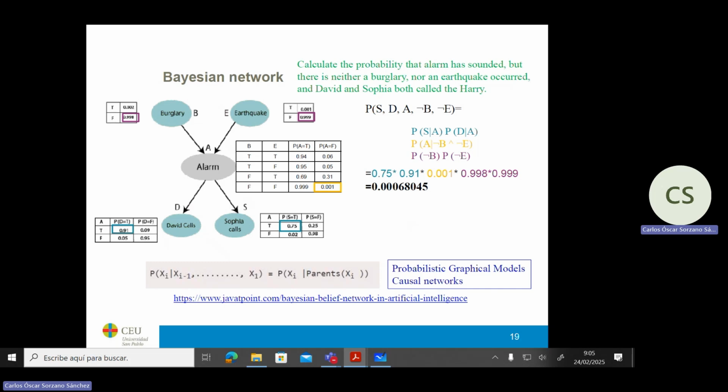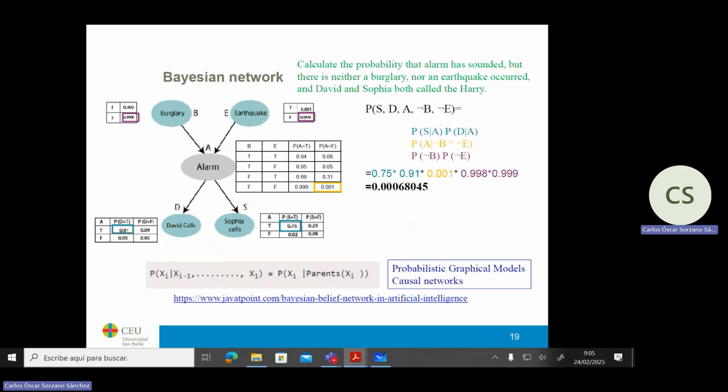First, because someone entered into your house, or because there has been an earthquake. And then the alarm is sounding, and these are two neighbors that know that you are not at home, and then they call you. And you associate different probabilities to each one of these events.